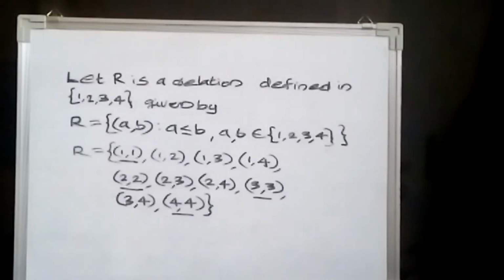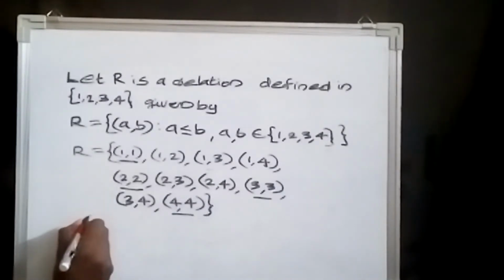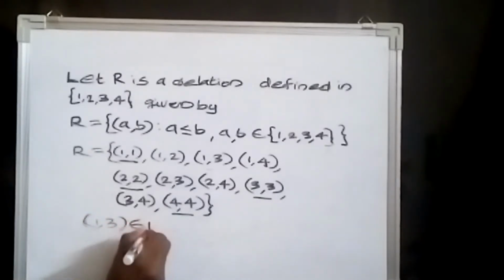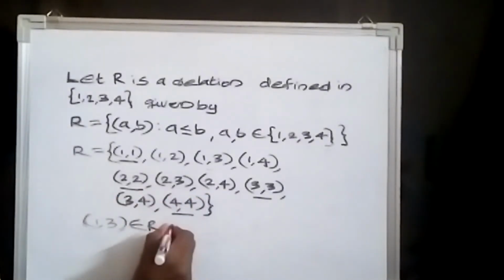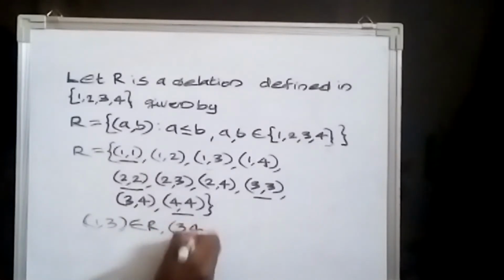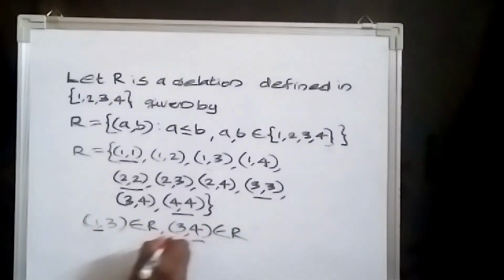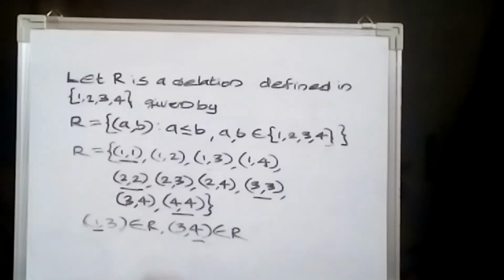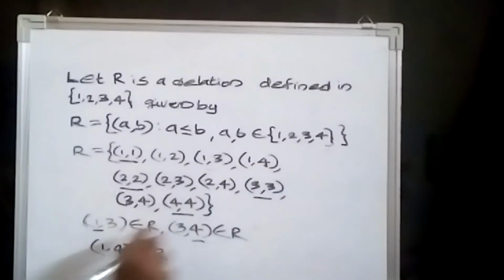Is it a transitive relation? Just check. (1, 3) is an element of R, and (3, 4) is an element of R. We have to check whether (1, 4) belongs to R. Yes, (1, 4) is there in the set R. Therefore, (1, 4) belongs to R. Therefore, the relation is a transitive relation.